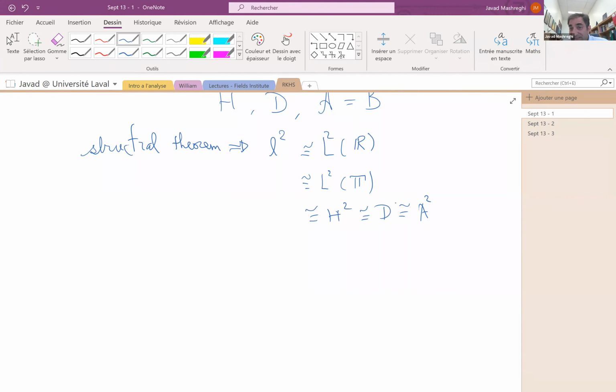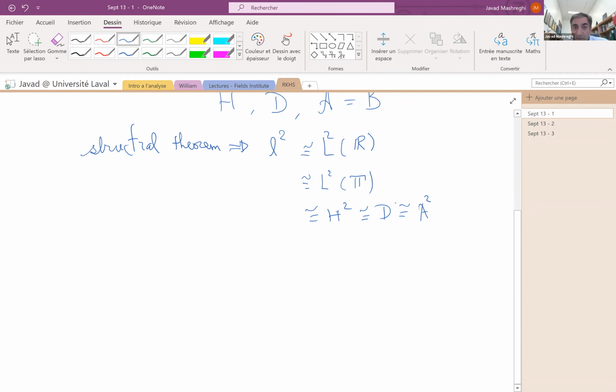Of course, as sets, they are different, but from the point of view of Hilbert space structure, the structure of little L2 is the same as the structure of capital L2, the same as the structure of H2, D, A2. They are all one Hilbert space. So that is why I said knowing this theorem, which is true, of course, shakes a bit our understanding.